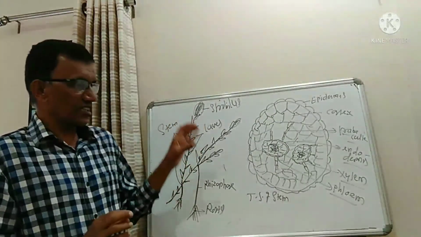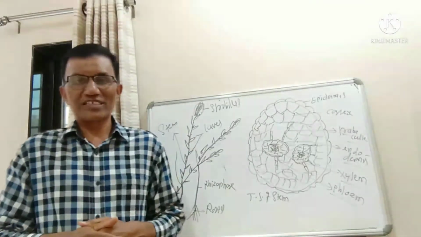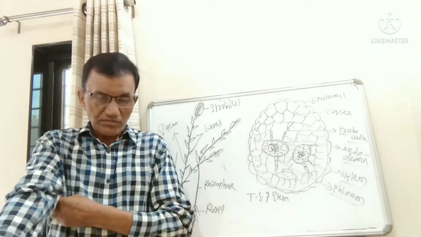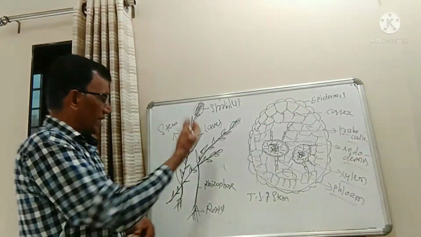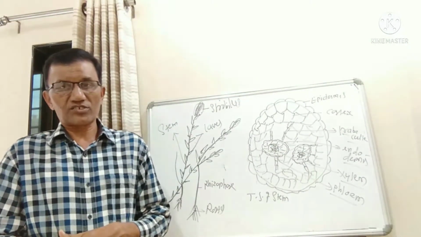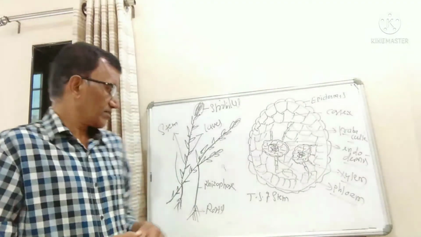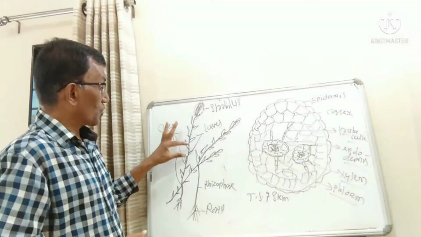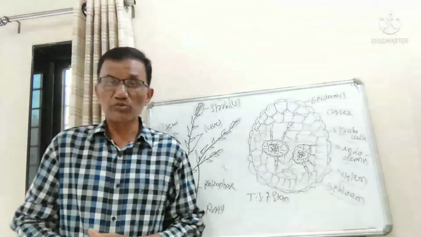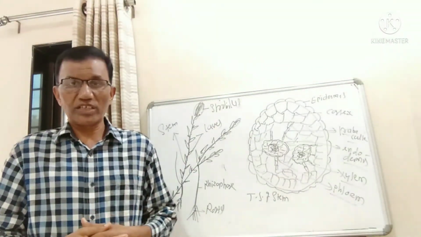So this is a very simple description of the external characteristics of Selaginella. Again, different species have different external structure. In certain species, the arrangement of leaves is spiral or alternate.